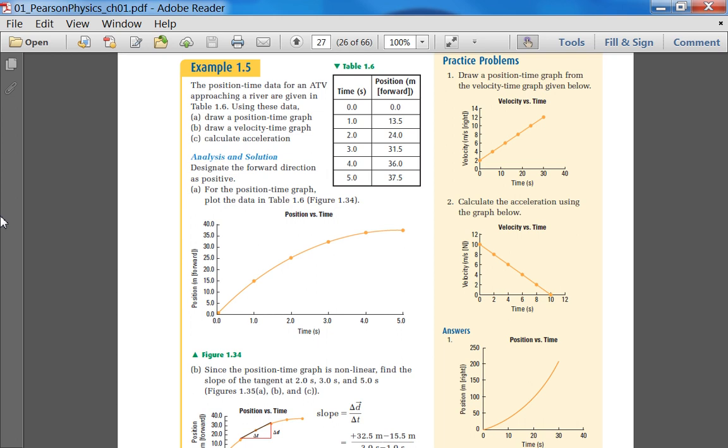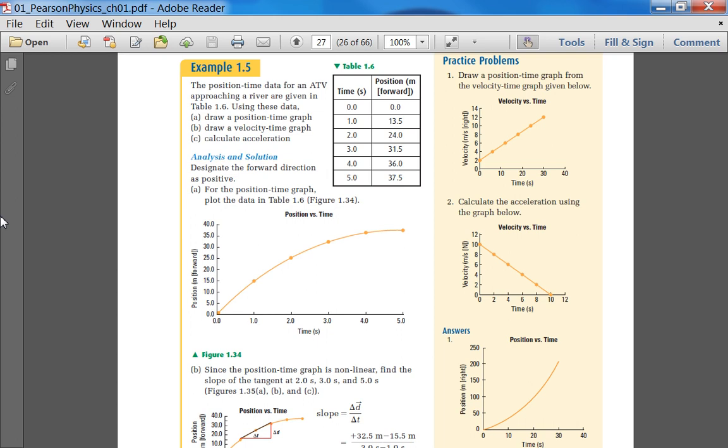Okay, so let's take a look at this board. From the table of values, position versus time, you see non-linear. Jot this down on that example 1.5 page in your notes: non-linear, and then put C textbook, non-linear displacement time.